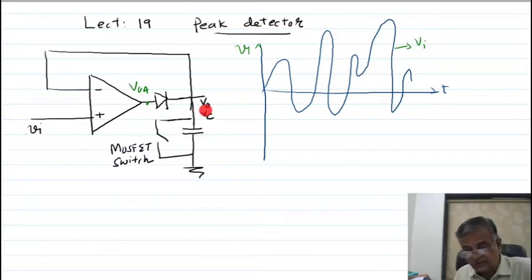When VI is more than the voltage across the capacitor, that is, the cathode or N-type material voltage of the PN junction, the anode voltage is more than the cathode voltage. As a result, this diode will be in forward bias.